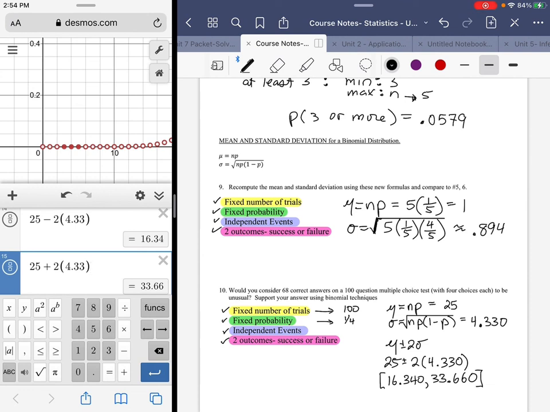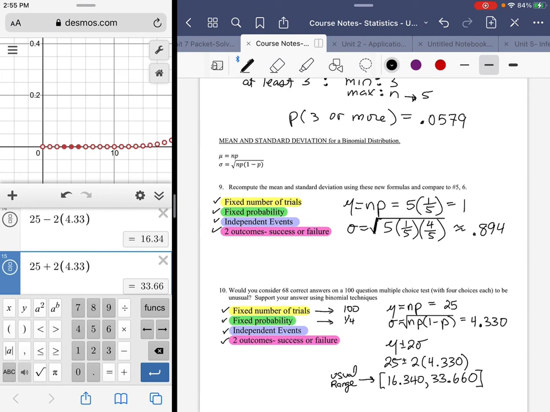All right, so this is the usual interval, the usual range. It's saying, would you consider 68 questions correct on a 100 question multiple choice test to be unusual? Yeah.